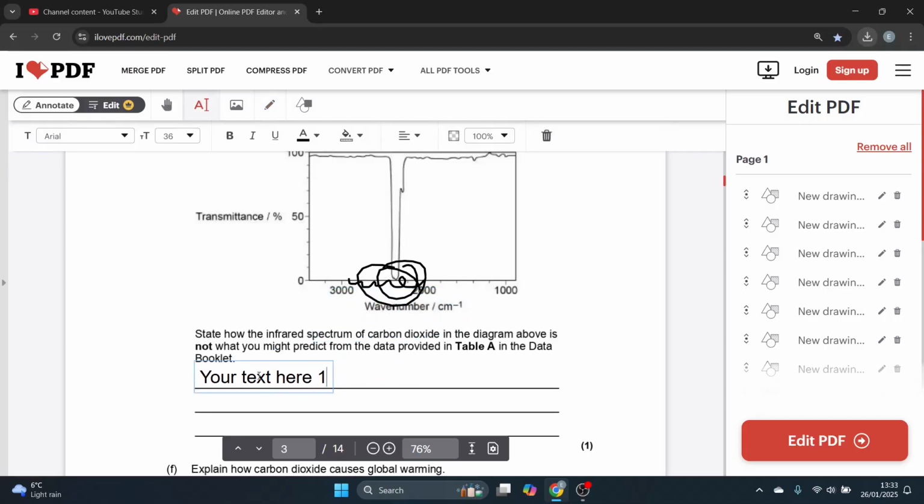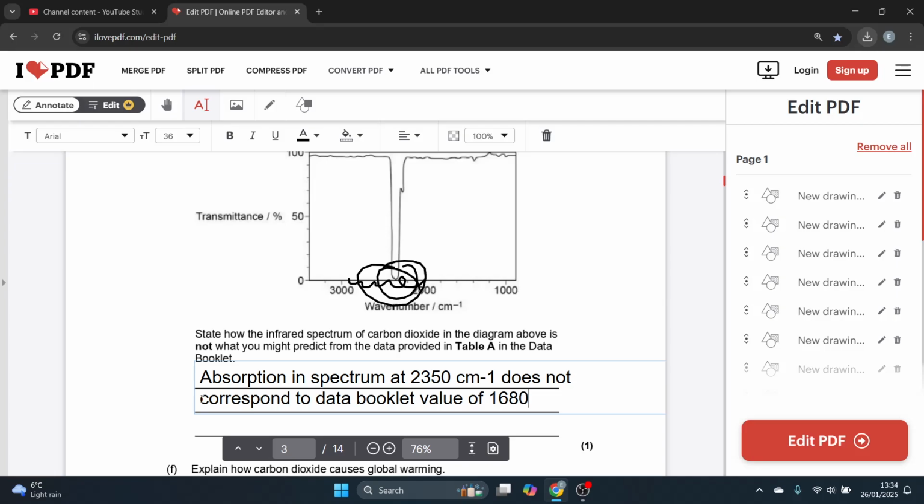So what I'd have to say is that the absorption in the spectrum at 2,350 centimeters to the power minus 1 does not correspond to the data booklet value of 1680 to 1750 centimeters to the power minus 1 for the C double bond O.